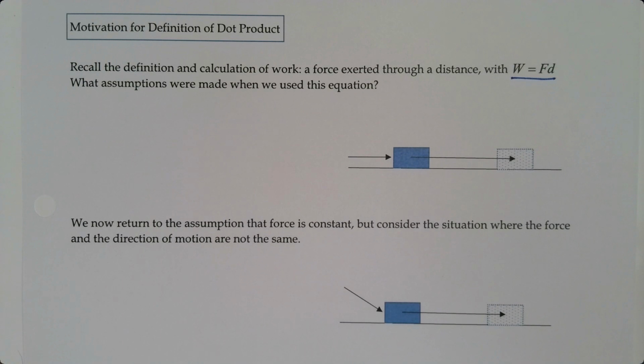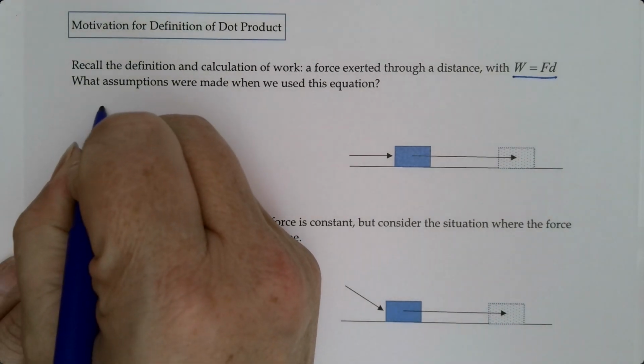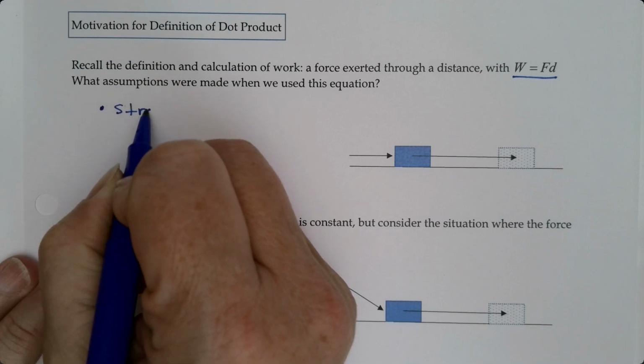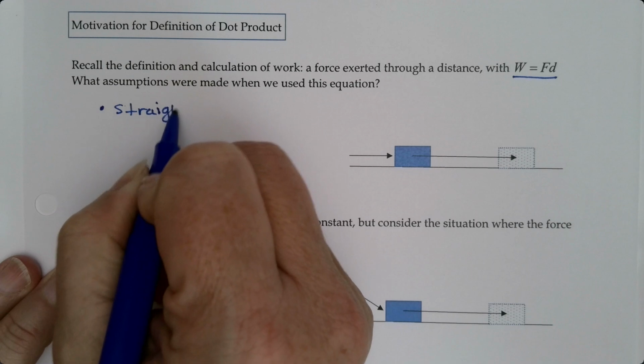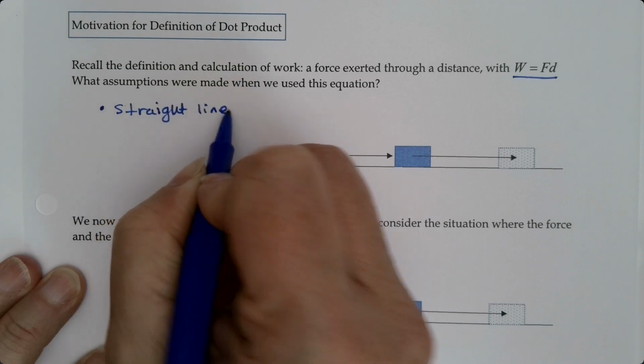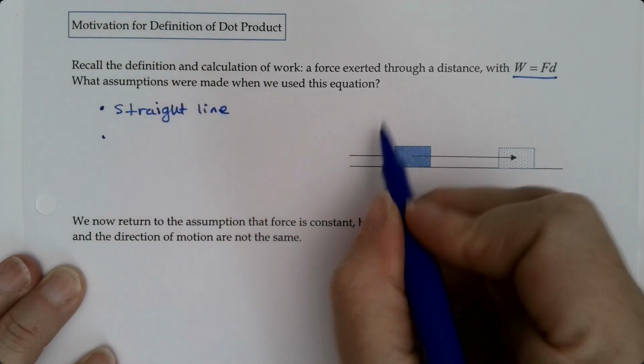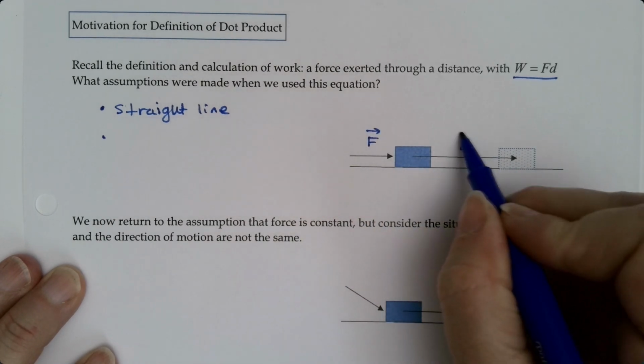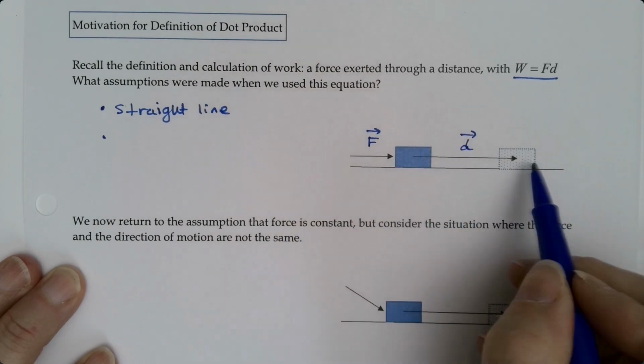Now, when we use that formula, we're making some very big assumptions that we are going to modify in this course. You're assuming that your motion is in a straight line. You're pushing on this box and you're pushing it along that distance from here to here.